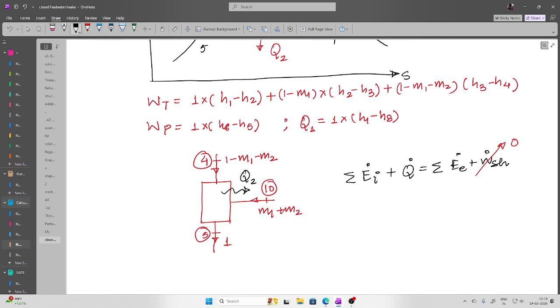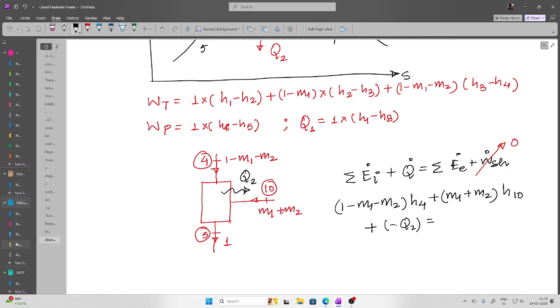So inlet is at 4 and 10: it is (1 minus M1 minus M2) H4, plus (M1 plus M2) H10, and the heat lost is minus Q2. I am just taking the magnitude.